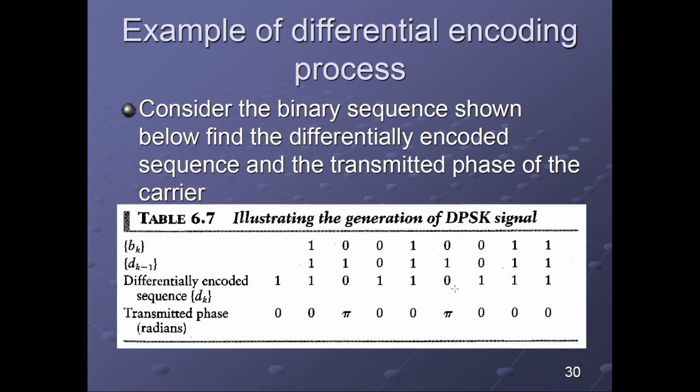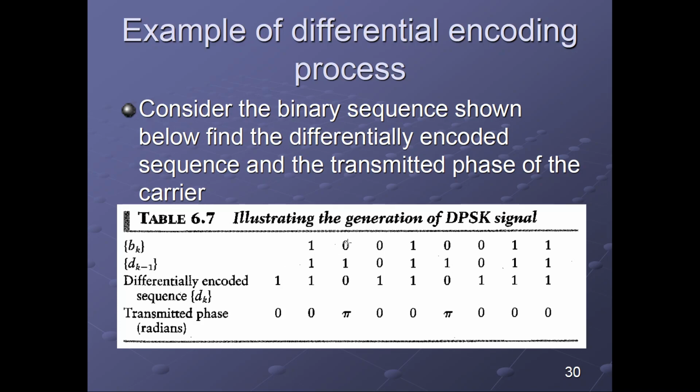So you got it? I give you this sequence, though I can give you any sequence, not necessarily this one. I give you this sequence and this reference signal, and you find the differentially encoded bit sequence. If 1 comes, I don't change this value with respect to the previous one.